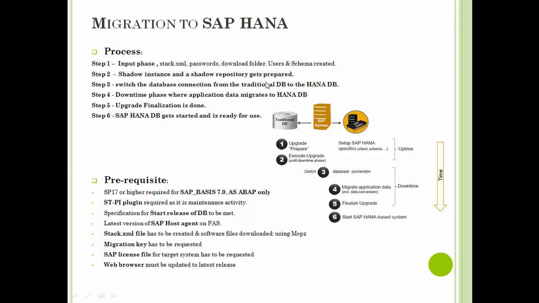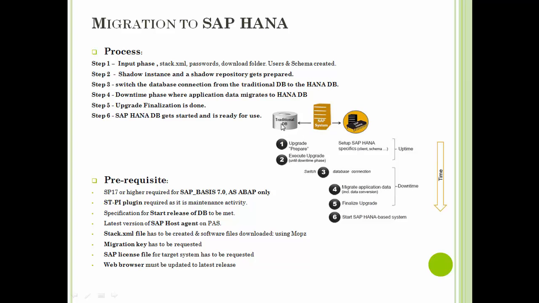We will talk about how DMO option is initiated, but now for the timing, let us understand how the process works to upgrade the system and then migrate it to SAP HANA. See, in this picture, we have various steps mentioned, and here we are moving from traditional database to SAP HANA database.